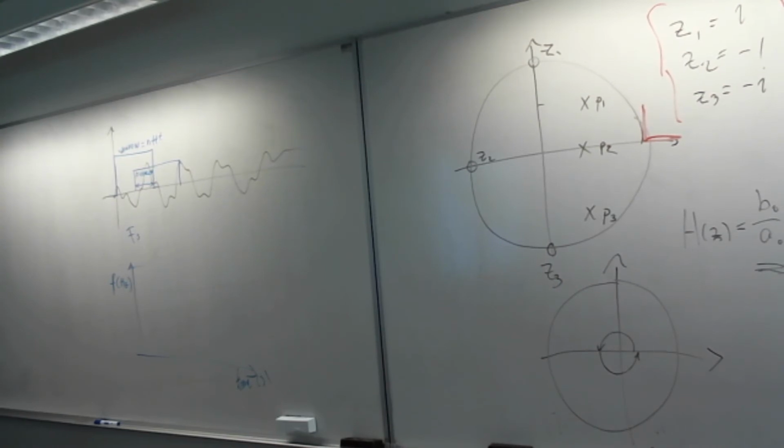So we had the system somewhere at the beginning. So A and B's are there, all A and B's. Filtering this signal with the system.